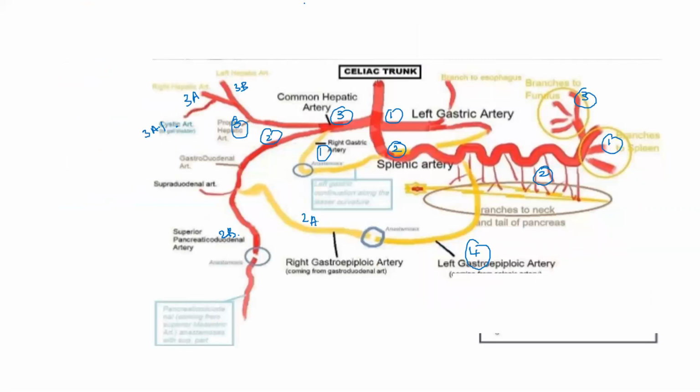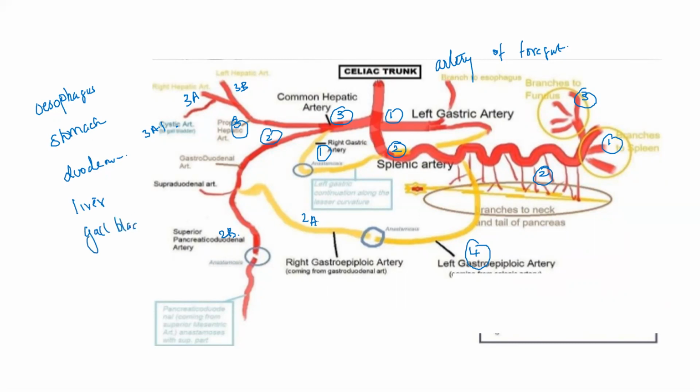Celiac artery, artery of foregut. So what were the structures supplied by branches of celiac trunk? The lower end of esophagus, the stomach, the first part of the duodenum, up to the second part of the duodenum up to the opening of the hepatopancreatic ampulla, and then it also supplied the liver, the gallbladder, the pancreas, isn't it?